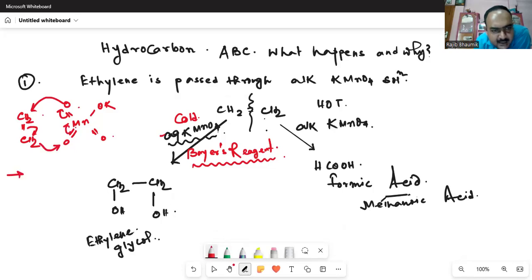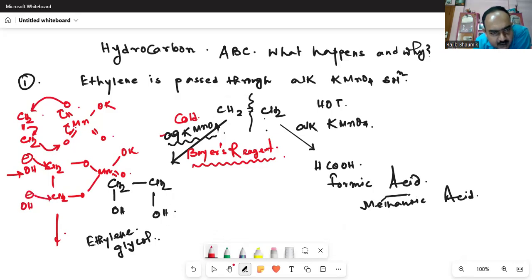A permanganate ester will be formed here. Then in the hydrolysis, the OH minus attacks from the backside. We have discussed it in our classes, so we are not going to discuss it in detail. This bond will break and CH2OH forms. This is a cis diol which will be formed.